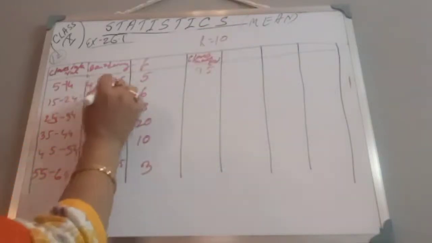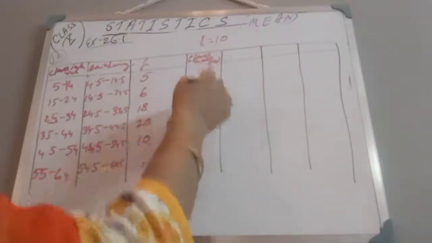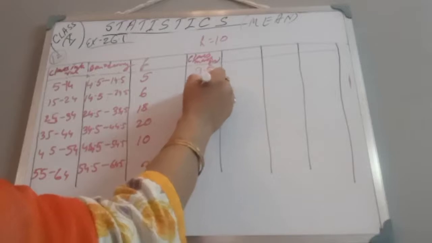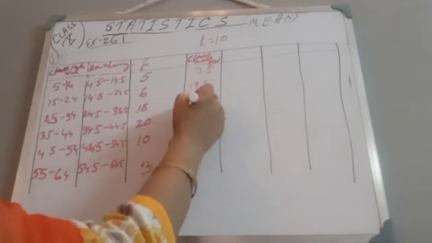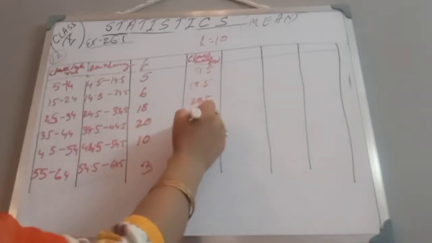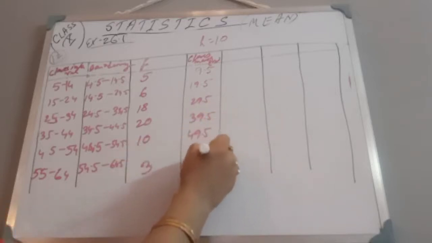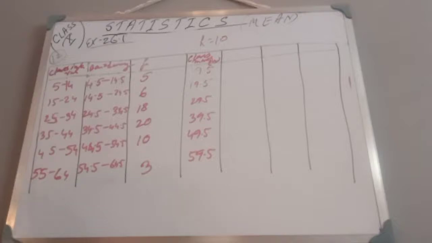Since h is equal to 10 here, 4.5 to 14.5 is 10, so we can add this 10 to get all the class marks. 10 plus 9.5 is 19.5. Next is 29.5, next is 39.5, next is 49.5, next is 59.5. It is very easy for us.